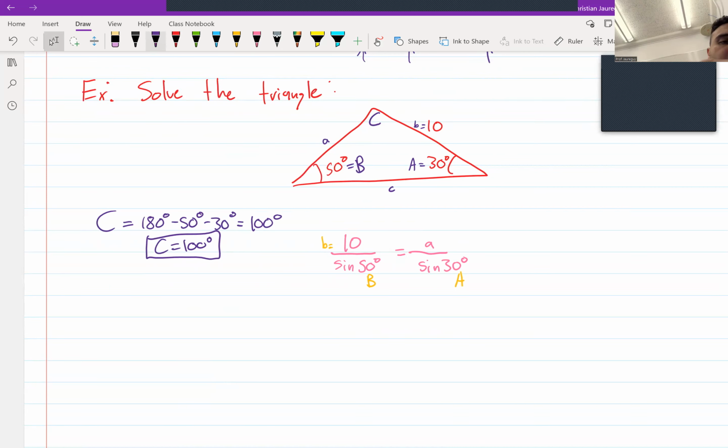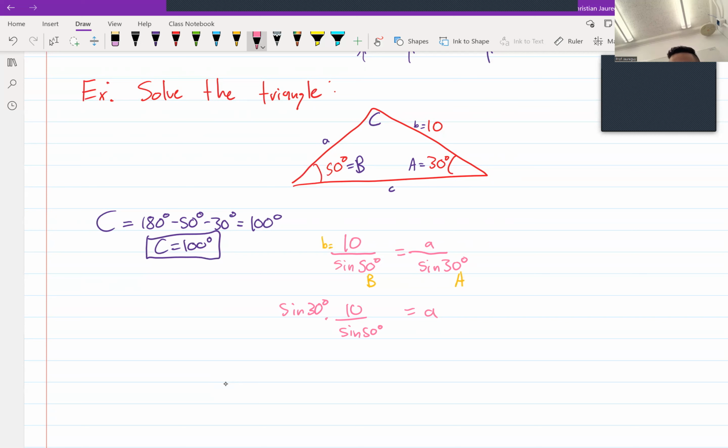So I start to solve this algebra problem. I now see I have to multiply sine of 30 to both sides, and you get a equals 10 over sine of 50 degrees times sine of 30 degrees. And then it's just a matter of plugging that into your calculator. And something that's going to be a little bit weird compared to last chapter, we need to make sure we're in degree mode.